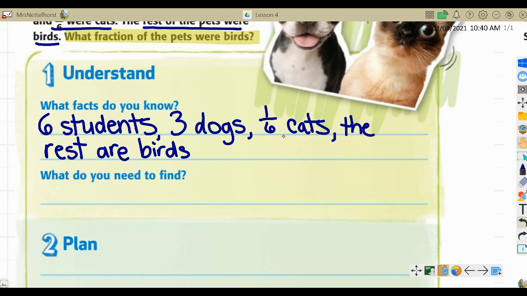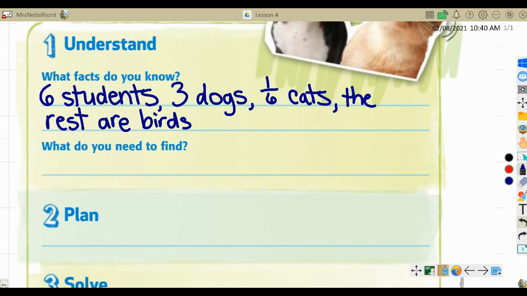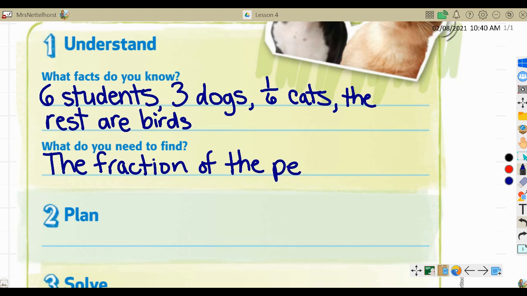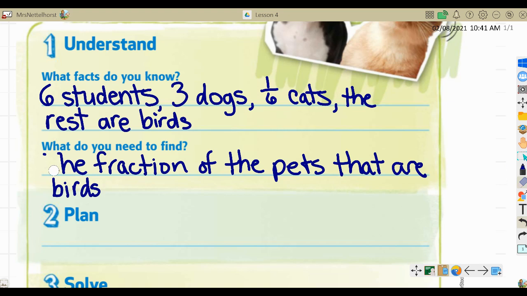The fraction of the pets that were birds. This is not a complete sentence, so I actually don't need a capital letter, and I don't need a period. So let me erase this capital T and make it lowercase.